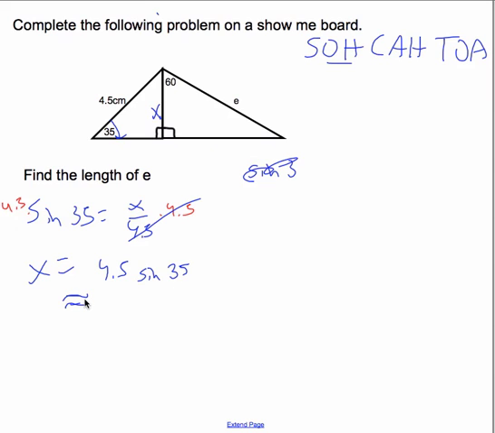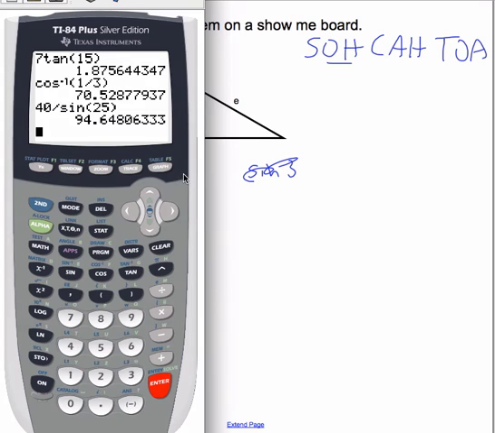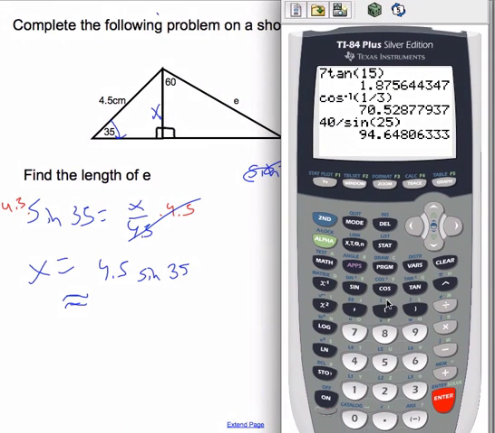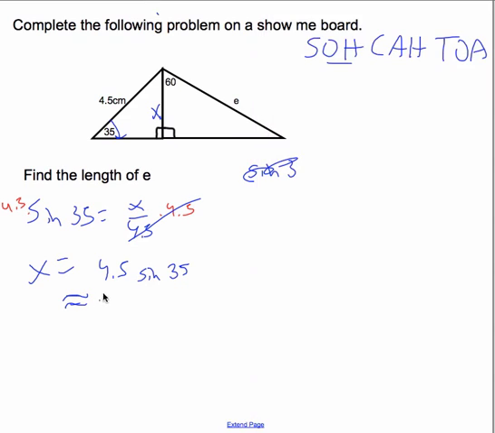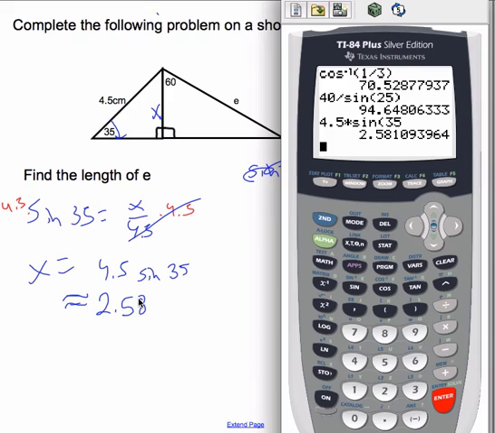Okay, and I'm going to do that on the calculator. 4.5 sine 35. Okay, and that's about 2.58. Now actually I want maybe more digits here, or to use this number on the calculator for the next step to get it to be the most accurate.